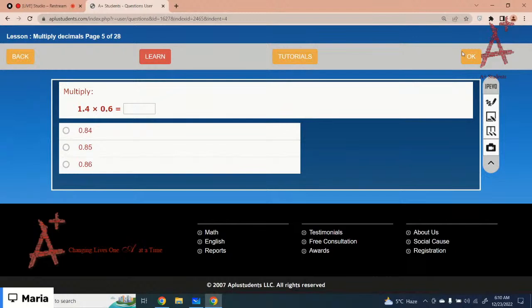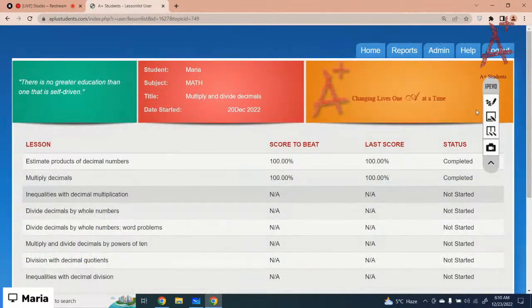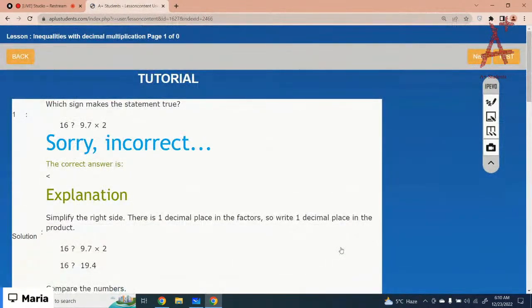And the next topic is inequalities with decimal multiplication. Let's just start with a new lesson, that is inequalities with decimal multiplication.